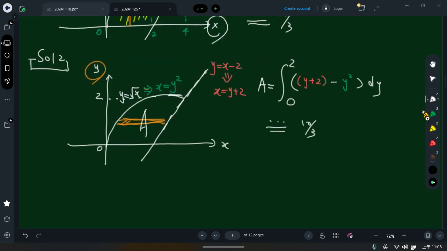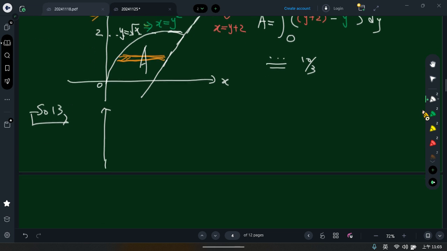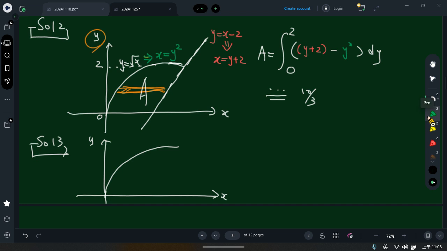And solution 3. Also this curve, and also this curve. This is y is equal to square root of x, and this is y is equal to x minus 2. So this time we can just think about it.